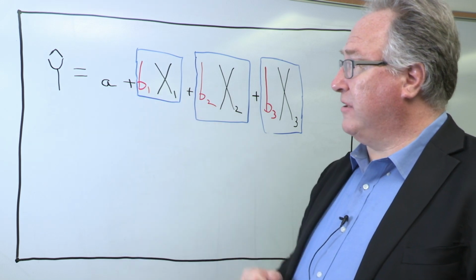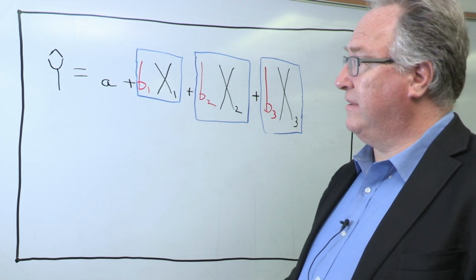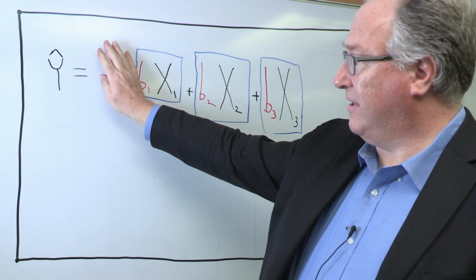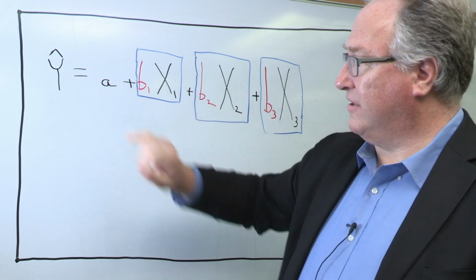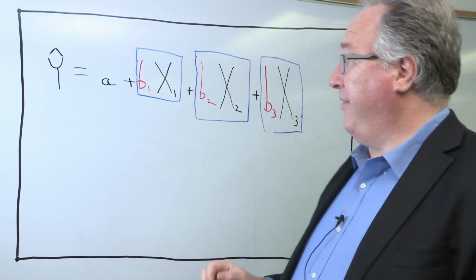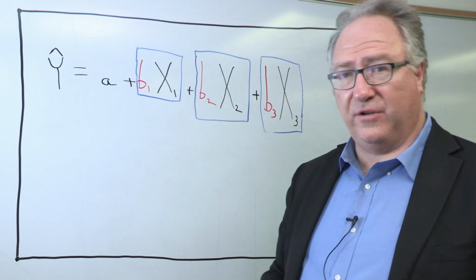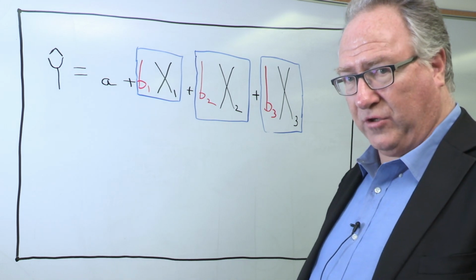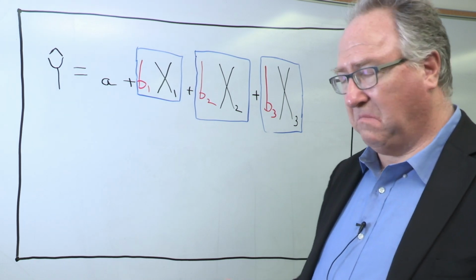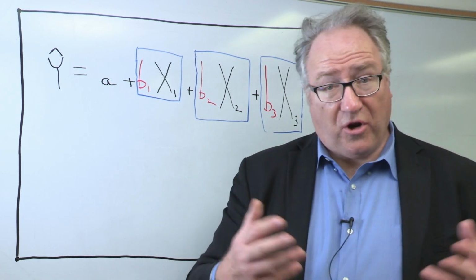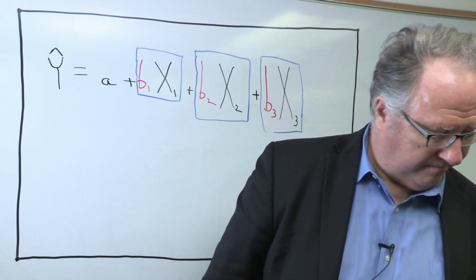And if the constant is not there, if it's absent, so it looks like this, then each of these regression coefficient values are standardized regression coefficient values. Okay.